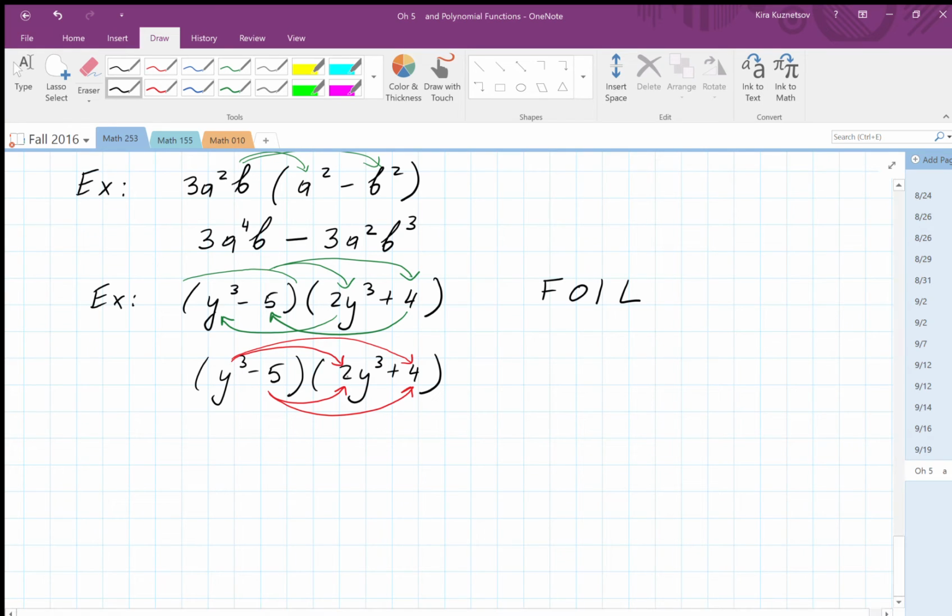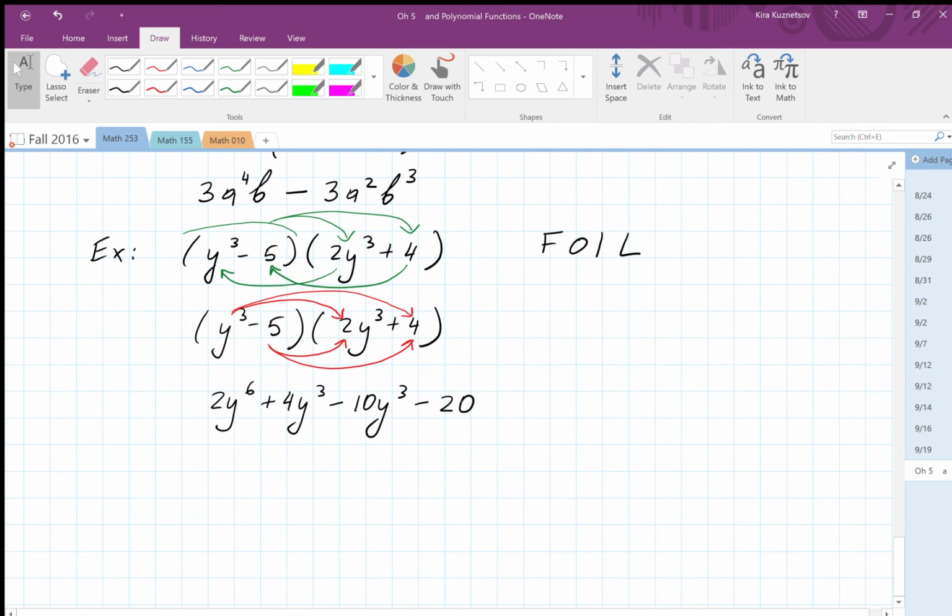Y cubed times 2y cubed is 2y to the power of 6. 3y cubed times positive 4 is positive 4y cubed. Negative 5 times positive 2y cubed, you have a negative 10y cubed. Negative 5 times a positive 4 is a negative 20.